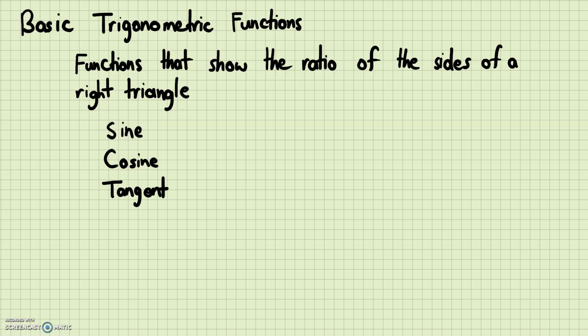Like I said in the definition, these are ratios, and also these are functions, which means you can't just have sine by itself. You have to do sine of something. You usually put an angle: it's a function of an angle, sine of an angle, cosine of an angle, and tangent of an angle.